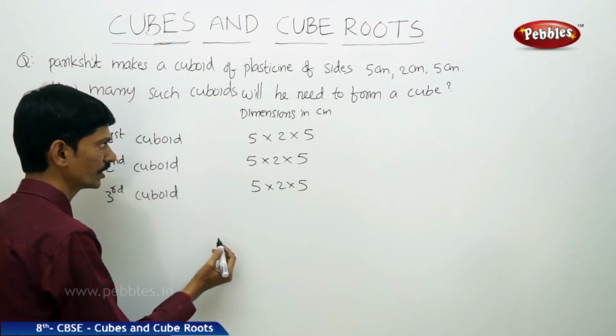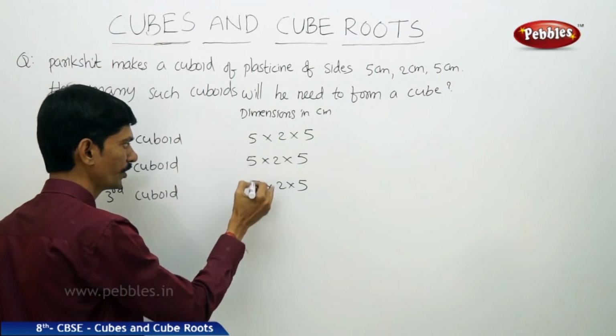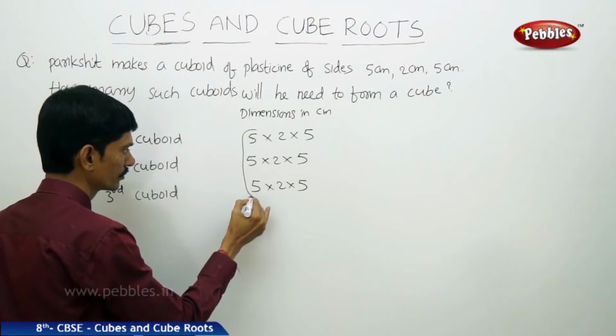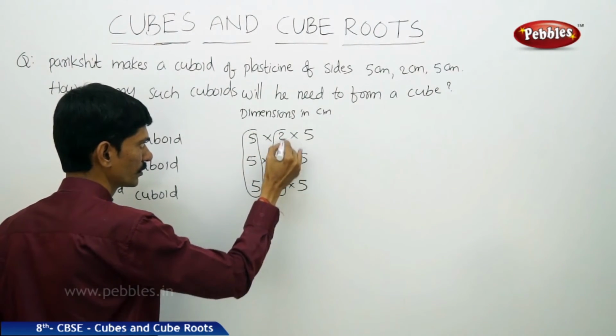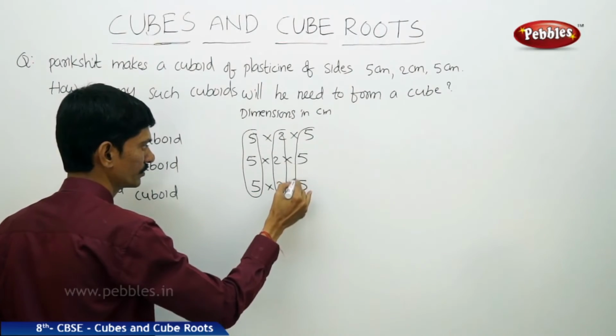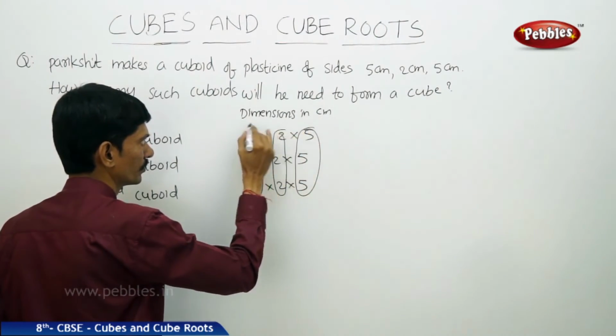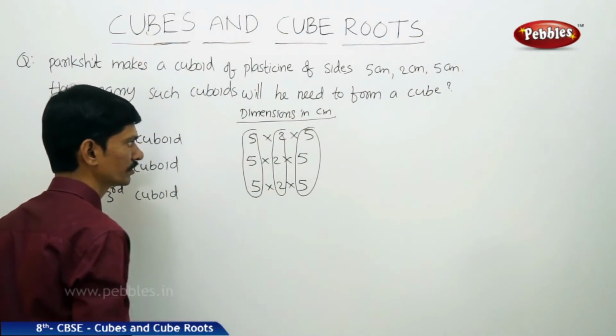Now if you observe the dimensions here, 5 appears 3 times, then 2 appears 3 times, again 5 appears 3 times. Then the cube is formed.